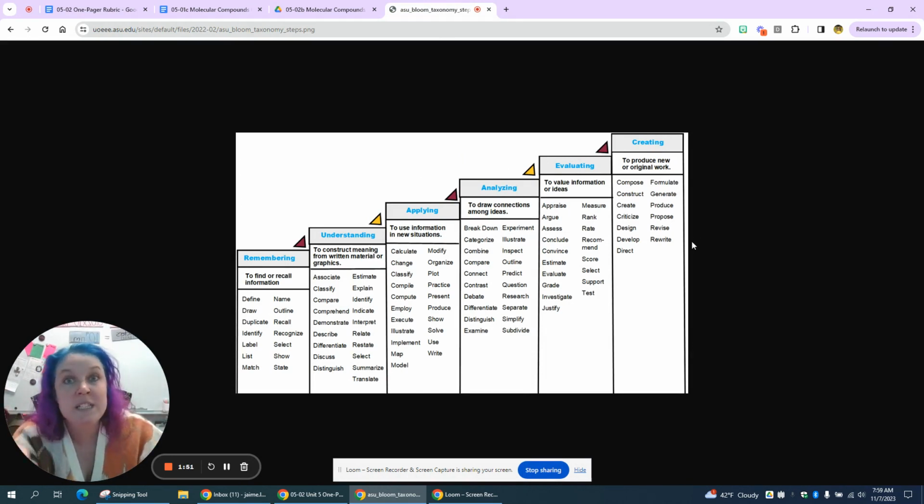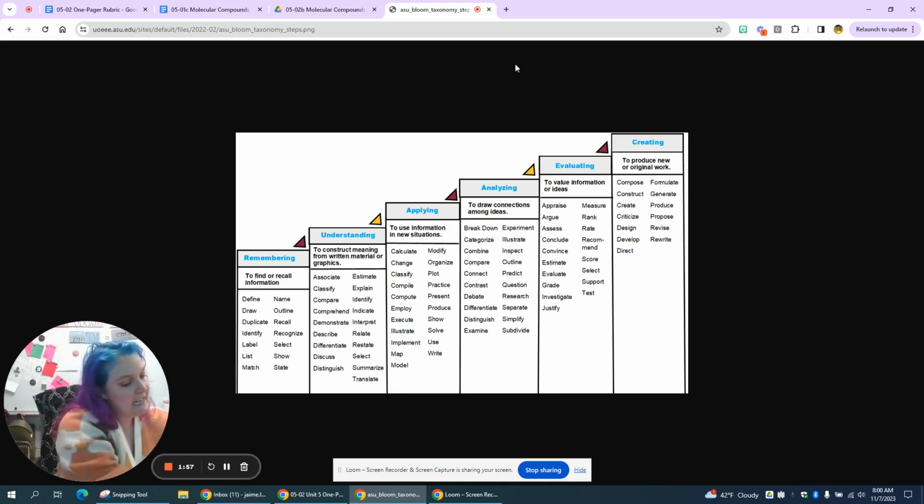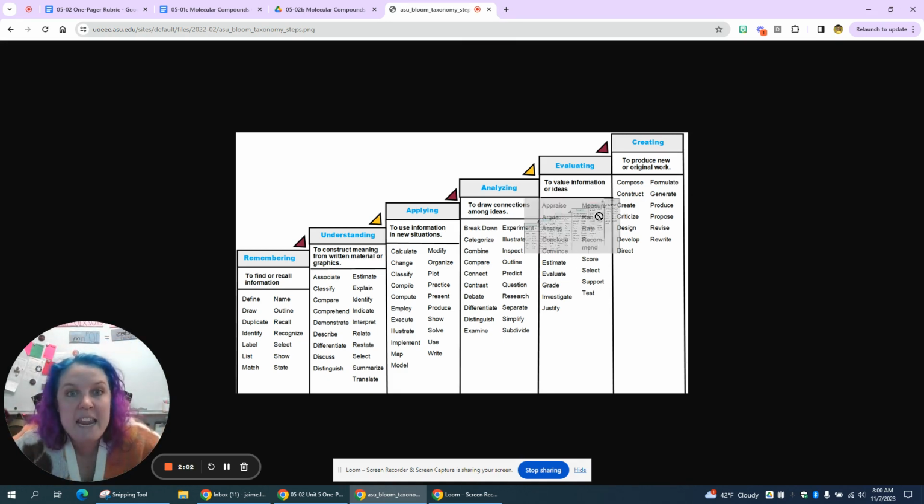Pick one of these verbs and create a question from it. So categorize, illustrate, outline, predict, to rank, to evaluate or estimate, to propose, revise, rewrite. That's a good starting spot for a question.